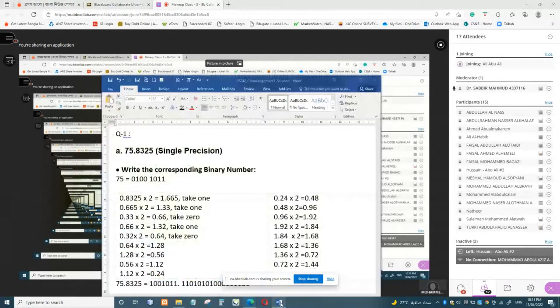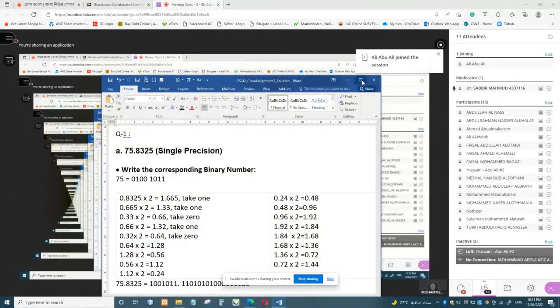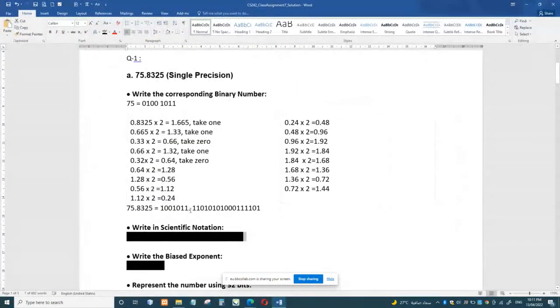Okay, so is it going to be plus 6 or minus 6? Tell me. You are shifting to the right, is that not it? Sorry, shifting to the left. This binary point is going to be shifted to the left. So it will be plus 6. Yes, it should be plus 6.